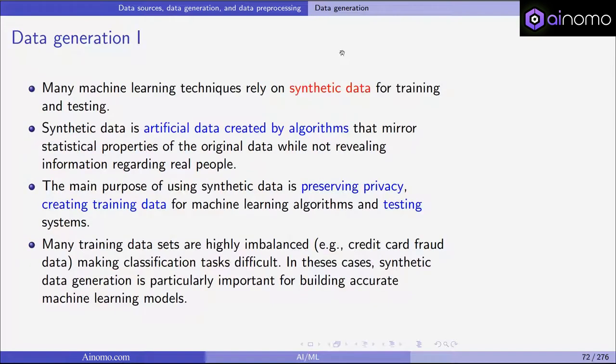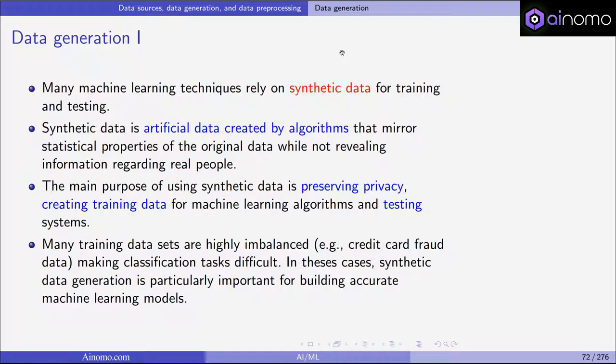Now, we've already looked at data pre-processing, so why do we need data generation? Well, in many cases, machine learning techniques rely on synthetic instead of real data for training and testing purposes. Why is that? In several instances, we need to preserve privacy.